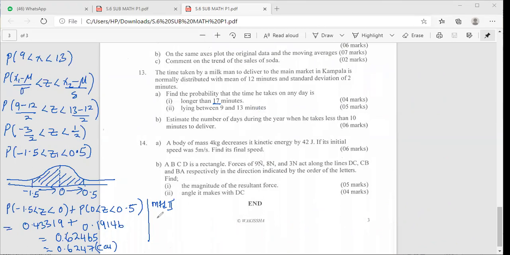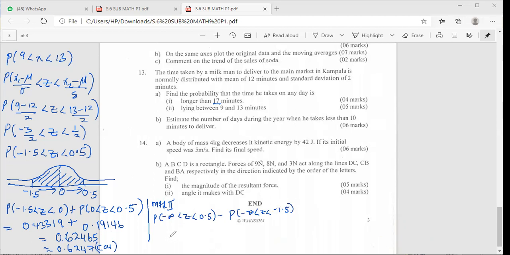For method 2, we shall get probability from negative infinity less than z less than 0.5 minus probability from negative infinity less than z less than negative 1.5.